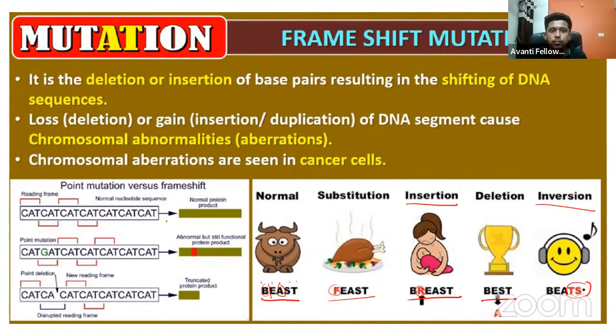So whenever there is a loss of a fragment of a chromosome, or an additional fragment is added, or an entire chromosome is deleted out of the set of chromosomes, we call it chromosomal aberrations. Chromosomal aberration leads to severity in genetic expressions. One of the examples is cancer cells. So this is about mutations.